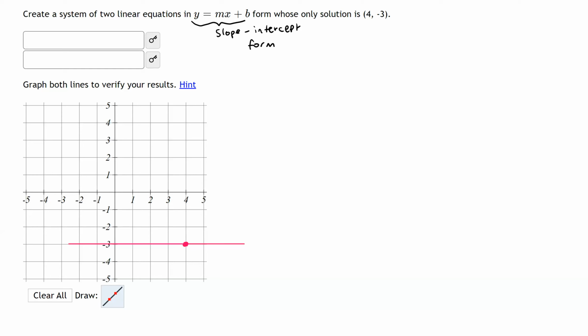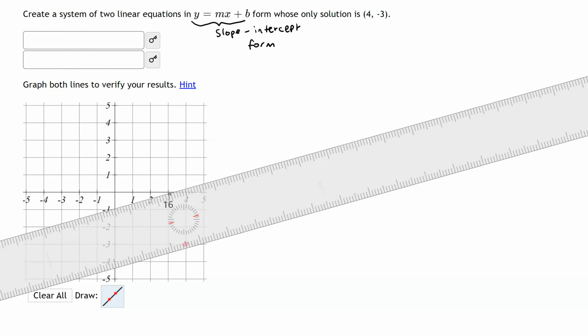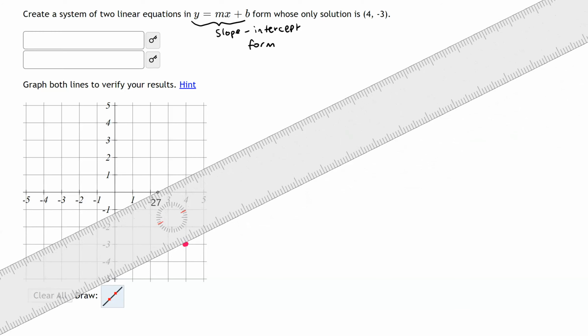If I drew that horizontal line, that is the line y equals negative 3. You might say, Mr. Kwan, that's kind of like a cop-out. So I'm going to erase that, and I'll give you two different ones. But know that there are so many different ones that you could do.